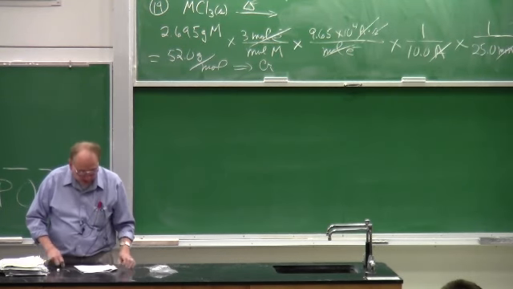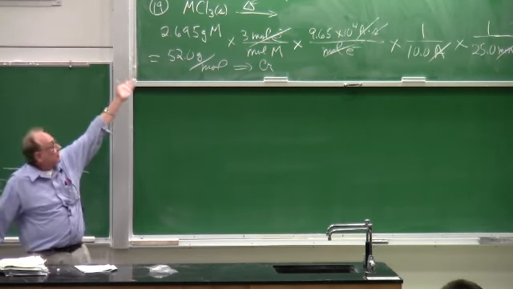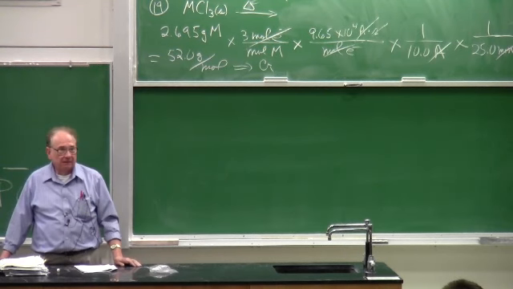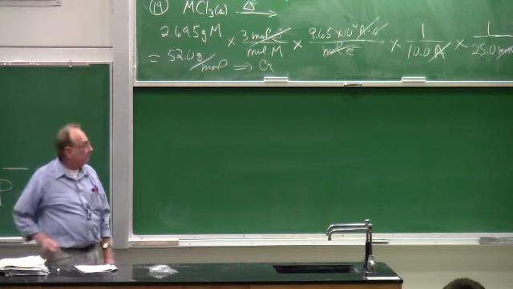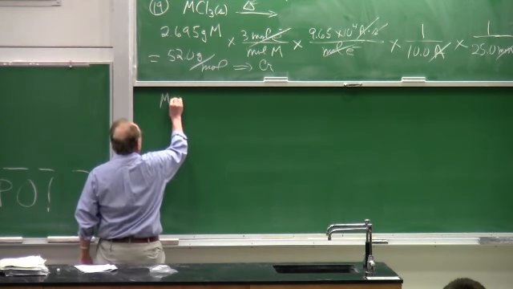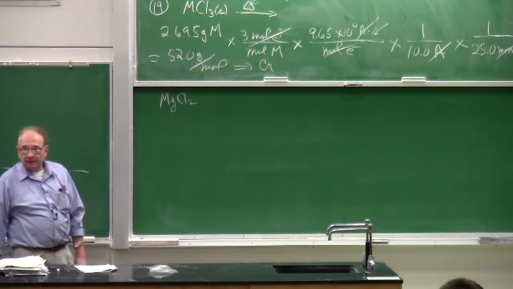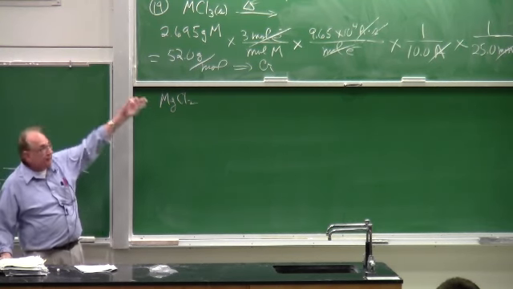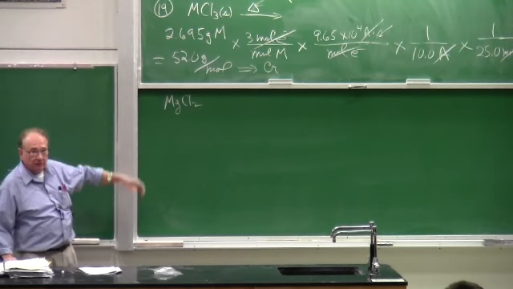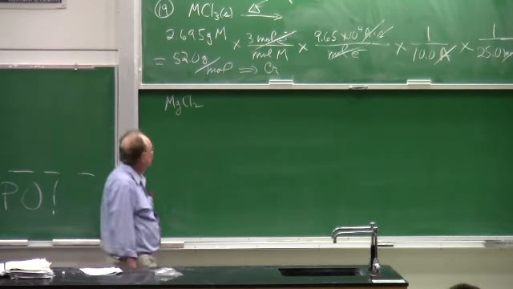Now, question 20. Question 20 is just like question 18. We're going to ask about the electrolysis of magnesium chloride as opposed to electrolyzing what we now have determined to be chromium chloride. Okay?